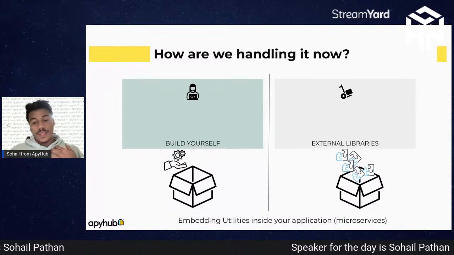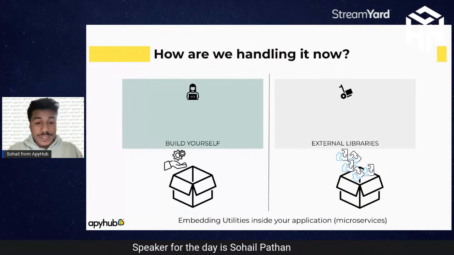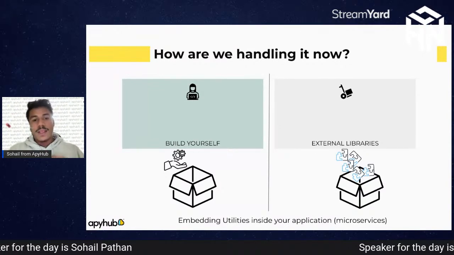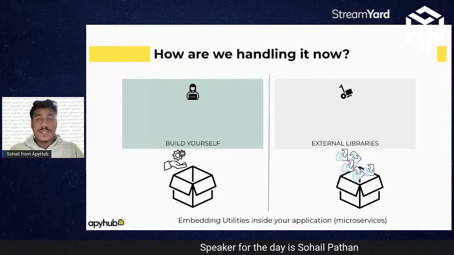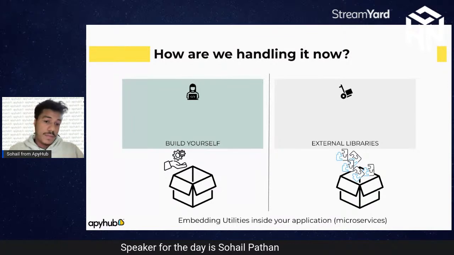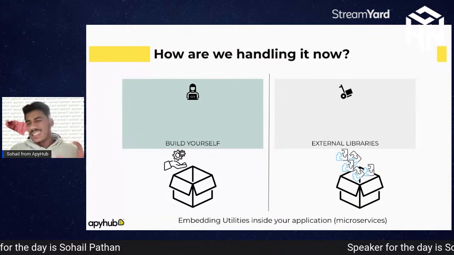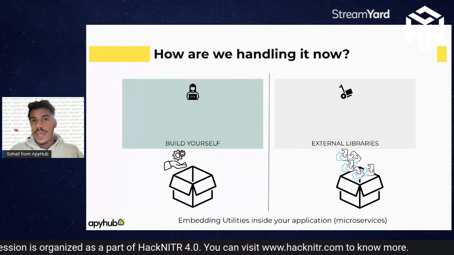So in the first preference, if you don't find your own use case, you always try to build it yourself. Otherwise, if you are a web developer or maybe an Android developer, you always try to find out whether such libraries exist. If they do, how can I use them?